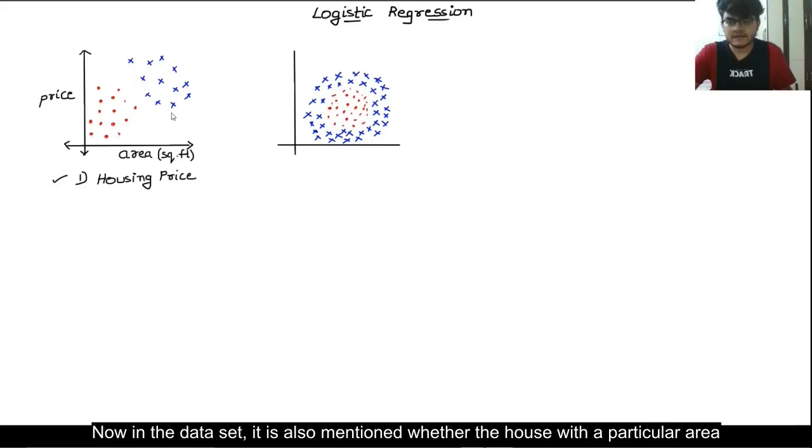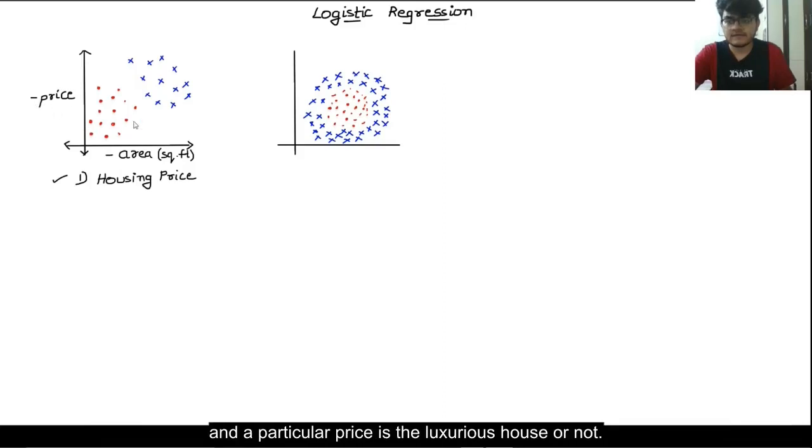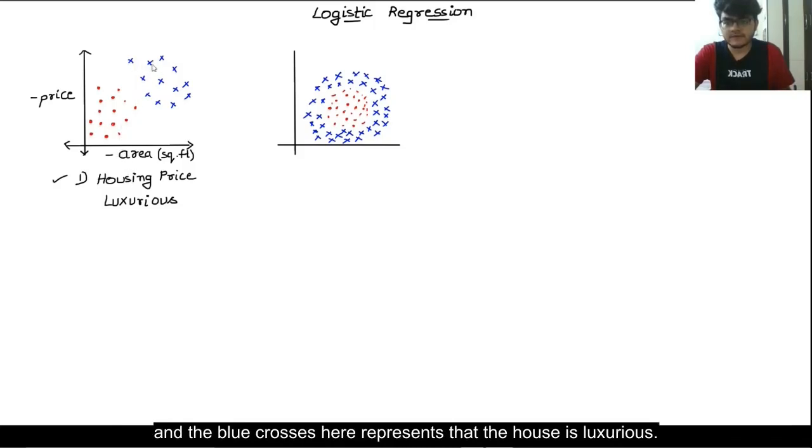In the data set, it is also mentioned whether the house with a particular area and a particular price is a luxurious house or not. The red points represent that the house is not luxurious, and the blue crosses represent that the house is luxurious.